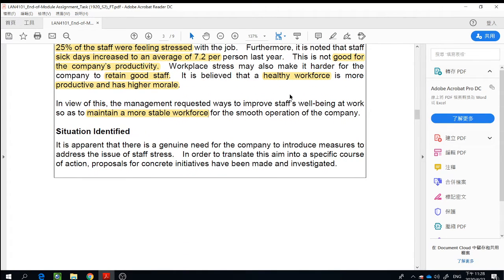So the situation, one more time, is to introduce measures to address the issue of staff stress. All right. You need to propose something solid. You need to suggest some concrete initiative to address the problem.